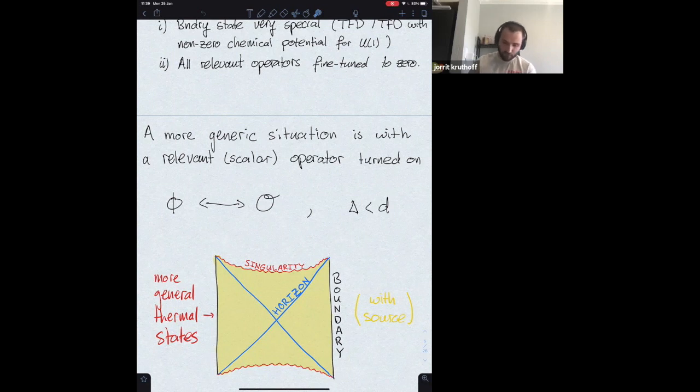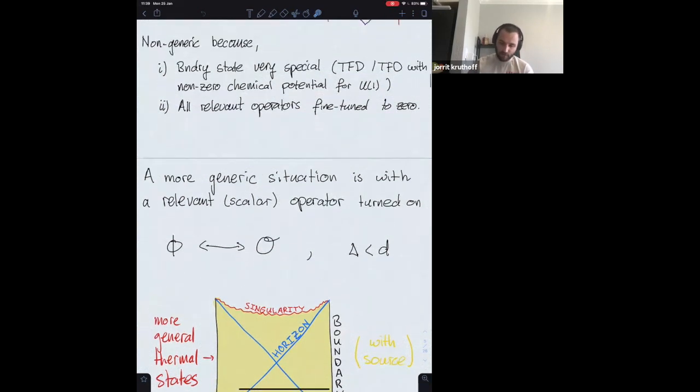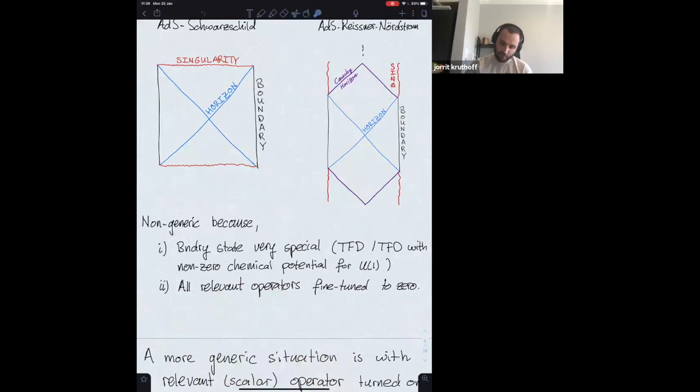And in particular, what we will see is that when these sources are turned on, the Cauchy horizon, the peculiar feature that was present for these charged black holes, will actually get removed. And I'll prove that in various ways.